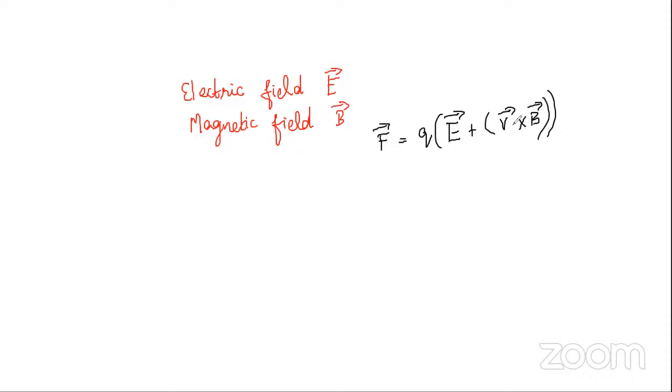When you have the charge moving with velocity v in a magnetic field, the force experienced is F equal to Q into v cross B. So when you have both electric field and magnetic field, the total force is given by F equal to Q into E plus v cross B. Using this equation you can find out the force.